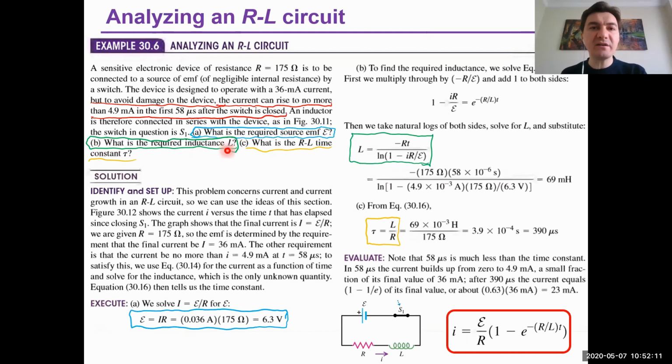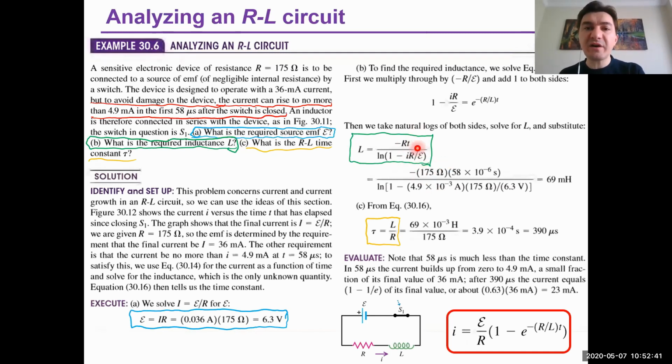So what about the second question? What is the required inductance? Look at that expression. This is the current, which depends on the time, and here we have L. If you take L from that expression, we can get an equation for inductance. Here we have resistance, here we have a certain time, here we have the current at that certain time, and here we have EMF.